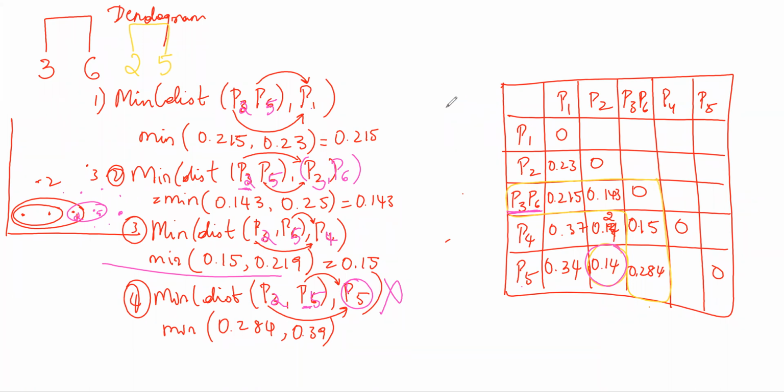Or let me do one thing. I'll just clear the screen. So I'll just write here 3 and 5 is one cluster, 2 and 5 is one more cluster. I have to identify the minimum distance from P2 to P5 with P1.